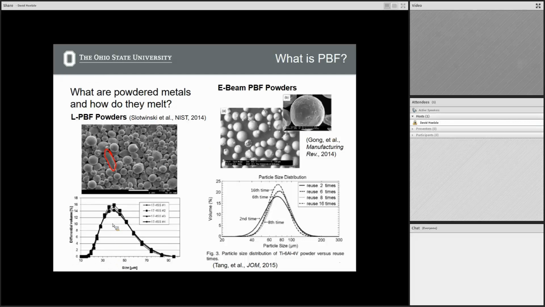In the simulation they use uniform powder size, but that's definitely not the case. You get a distribution of powder sizes. This is laser PBF powders, this is E-beam powders. So fairly spherical, but definitely not perfect spheres.